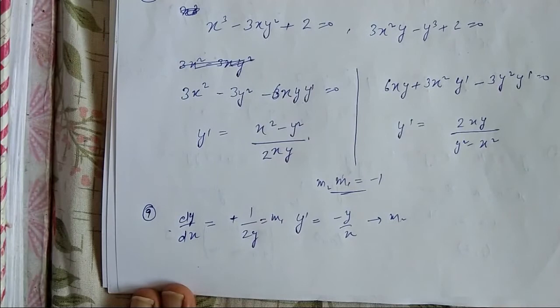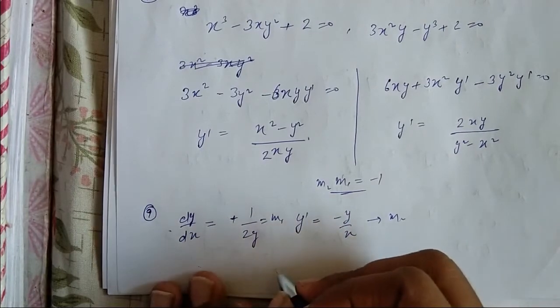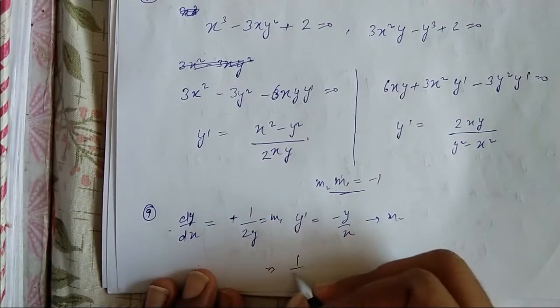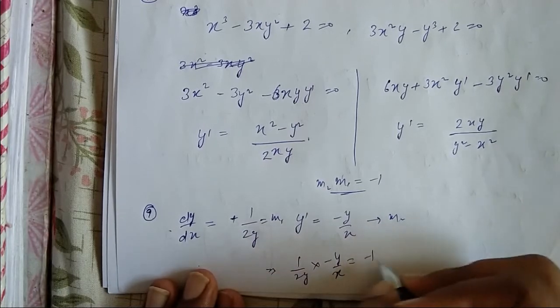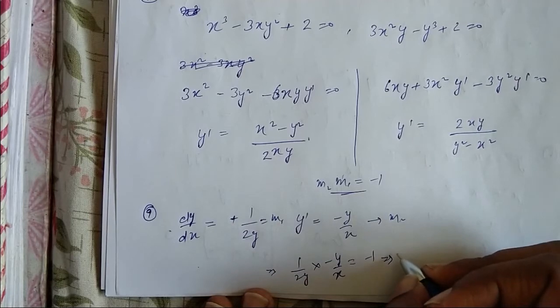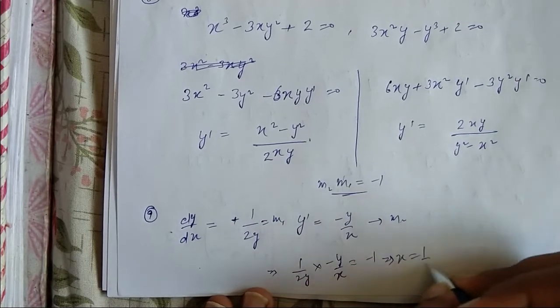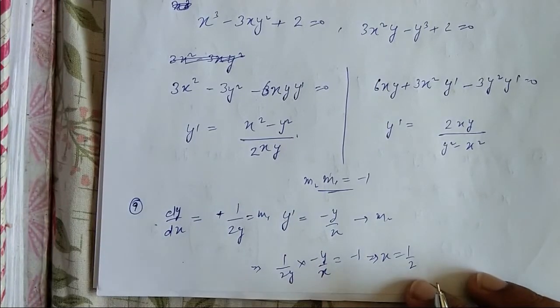So for two curves to cut orthogonally, m1 m2 has to be -1. This implies 1 by 2y into -y by x is equal to -1. This implies x is equal to half. If x is equal to half, we substitute it in the first curve, which gives y is equal to plus minus 1 by root 2.